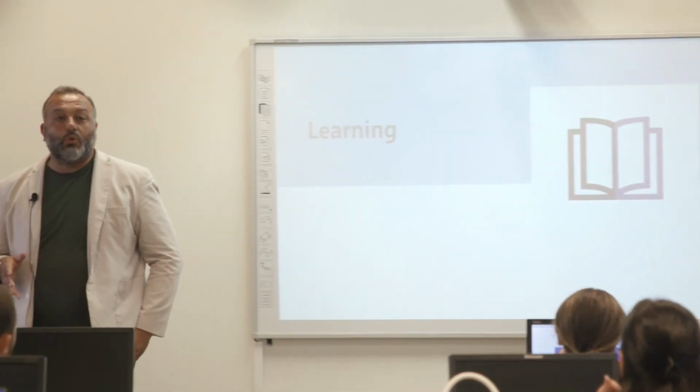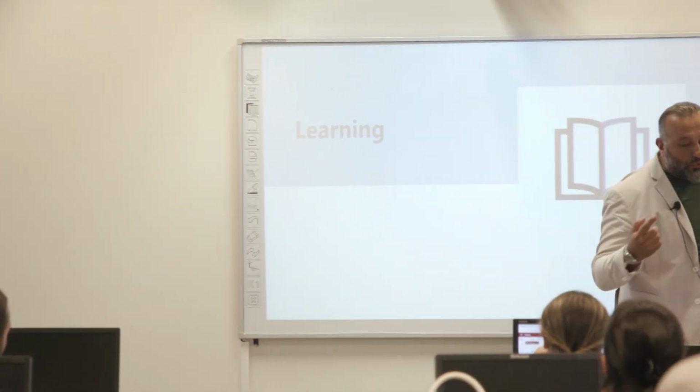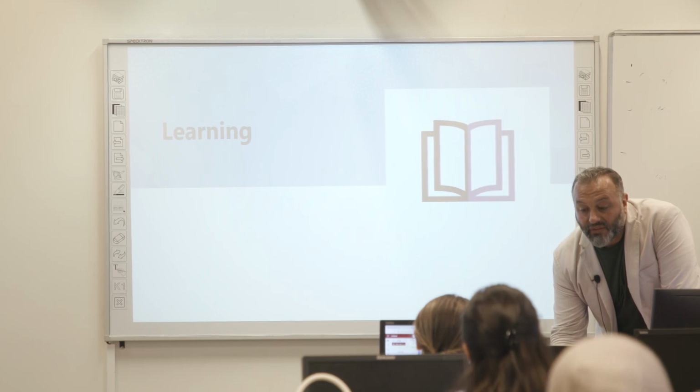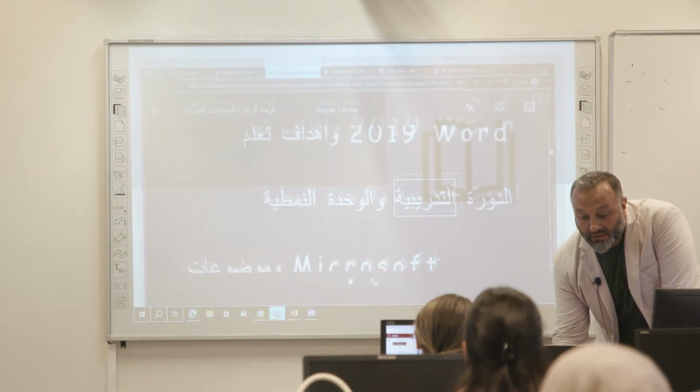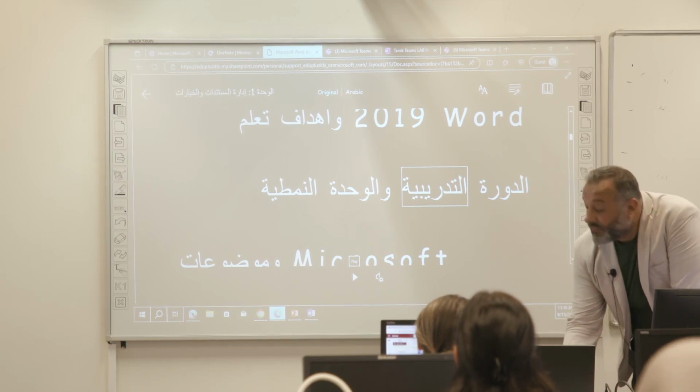Not all schools have the equipment to support this type of learner. So I will show you one of the tools that they can use in school to support different types of learners. This tool is inside Microsoft Teams.